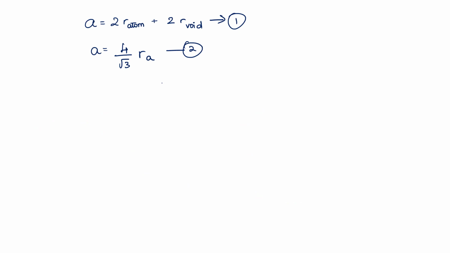So let us substitute equation 2 in equation 1, that is, 4 by root 3 times Ra is equal to 2 times the radius of an atom plus 2 times the radius of the void. So the radius of the void is equal to 4 by root 3 times Ra minus 2 times Ra, by 2.